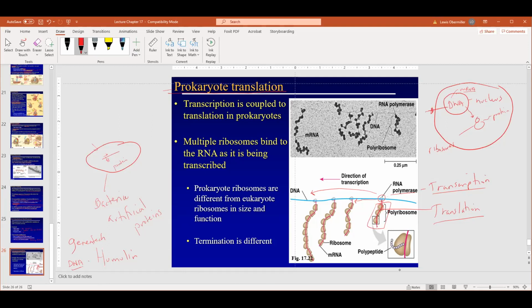And so they made this human insulin, and what they did is they took a gene out of a human for insulin, and they inserted it into a bacteria, E. coli specifically. And remember, E. coli doesn't know what DNA is in it. If it sees a gene, remember, it has to have the promoter, the coding region, and the terminator.